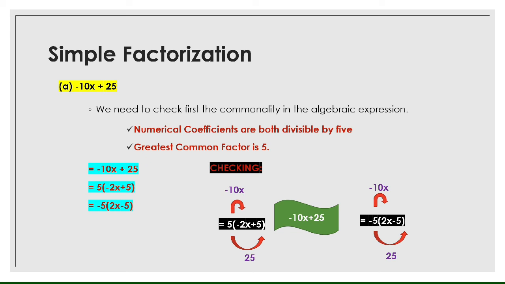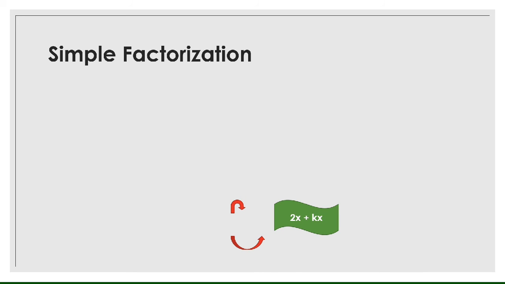So next, since this is an example na meron tayong numerical coefficient, let's go on to another example. Dito naman, ang common factor nila is not a numerical coefficient but a variable. So next given question is 2x plus kx. Ngayon, kita nyo, dito sa problem na to, wala silang common factor na numerical coefficient.